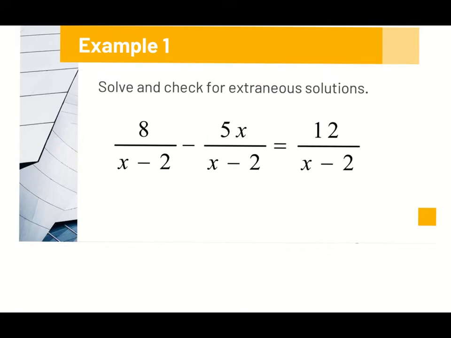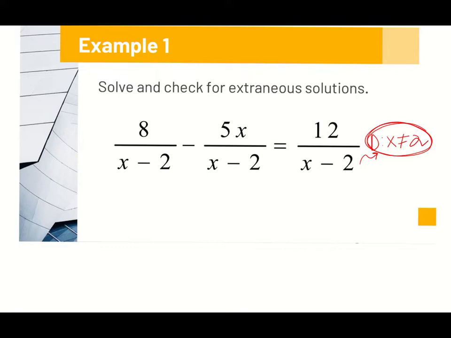So we already have common denominators here. So our domain restriction would be that x cannot be 2, because that's going to make my denominator 0, any of them. So this is what would create an extraneous solution that we need to check for. Now, since we said the denominators are all the same, when we add them up or subtract them, it's the exact same thing.